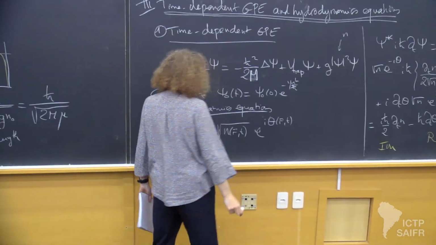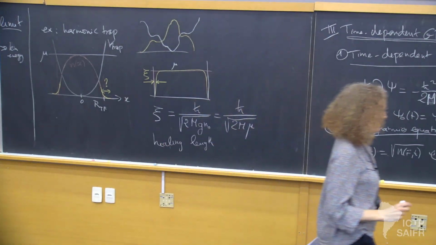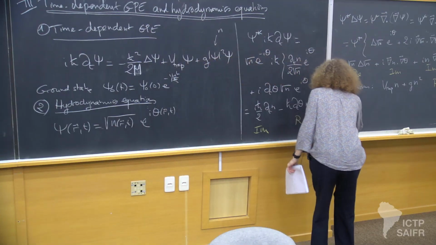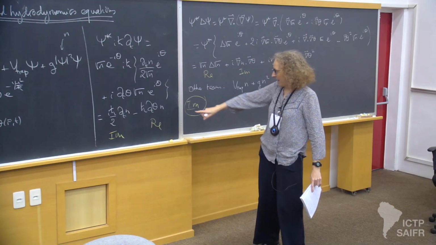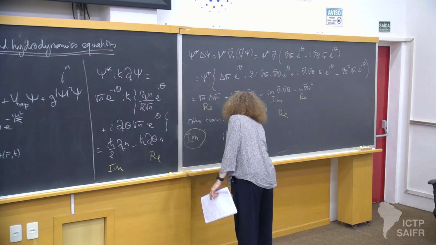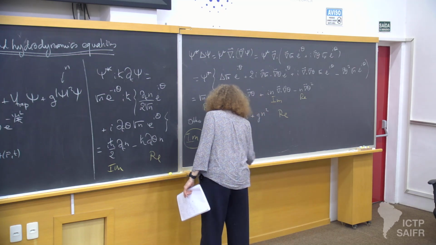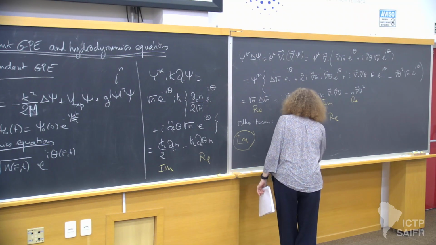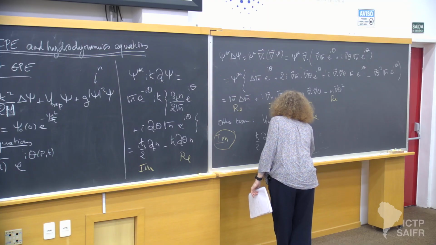Right, so now let me equal the two sides, and I will start with the imaginary ones. So first, the imaginary part. On the left-hand side, I have I h bar over 2 dt of n. So I remove the I because the idea is that I take the imaginary part, okay? And this is equal to the right-hand side, the gradient of n.